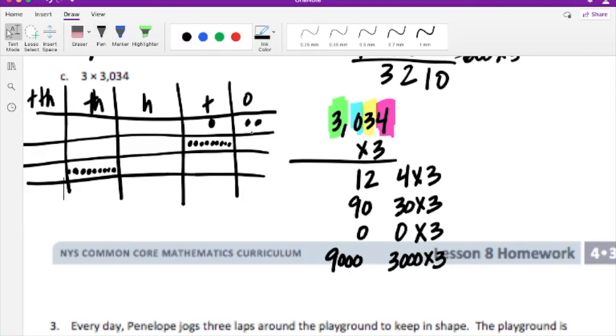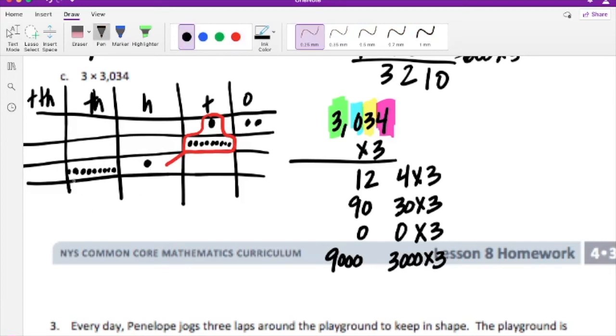All right, now this time I can do regrouping. I have 2 ones, but I have 10 tens. I had 9 from one of the products and 1 from the other product. I can regroup here. So I'm going to move this over to the hundreds. That will be 1.